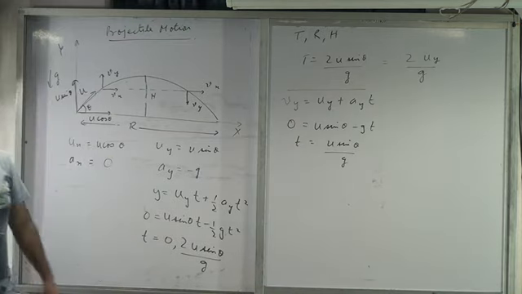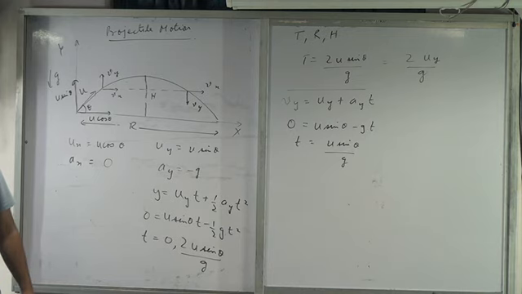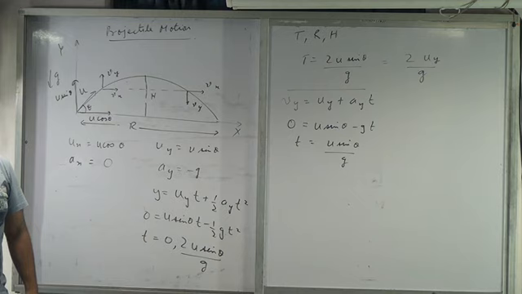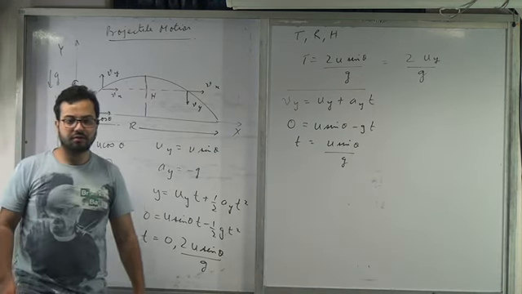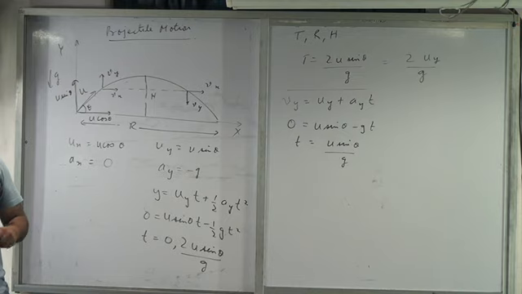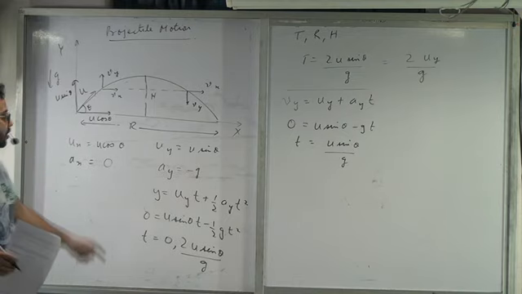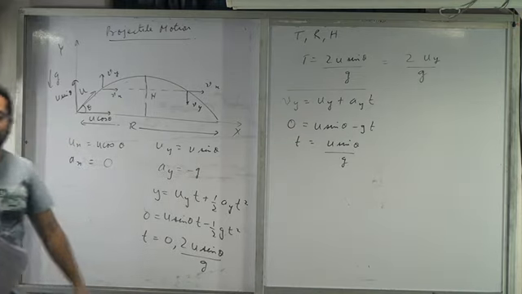How do I find the horizontal distance traveled? Vx is not 0. What can I say about the x motion?